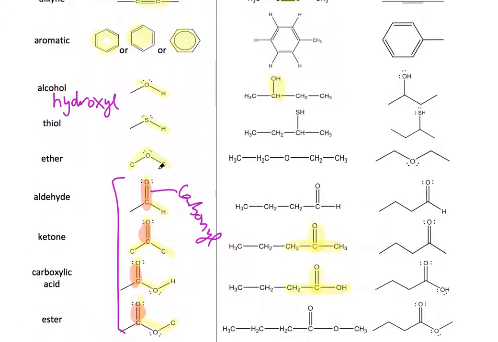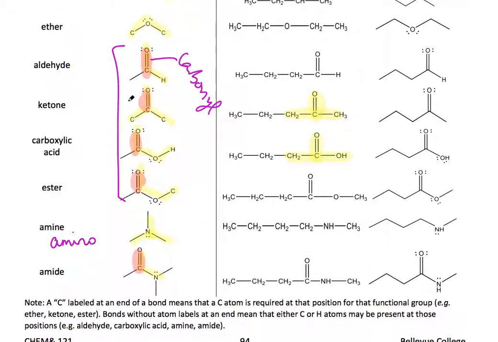But wait a minute, oxygen, hydrogen was over here. So it turns out that if there's a carbonyl group, it has a totally different chemistry than if it just had the OH group. So you really have to keep your eyes peeled. If you only saw this and no C double bond O, then it would be called an alcohol. But because it has both of these together in this arrangement, it's called a carboxylic acid.